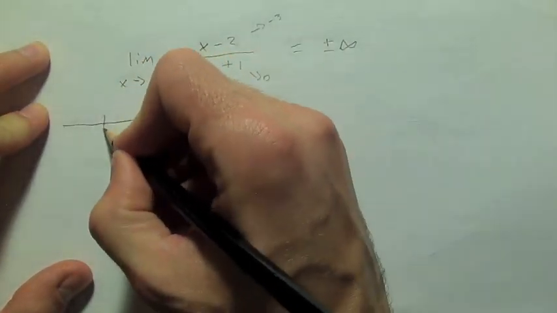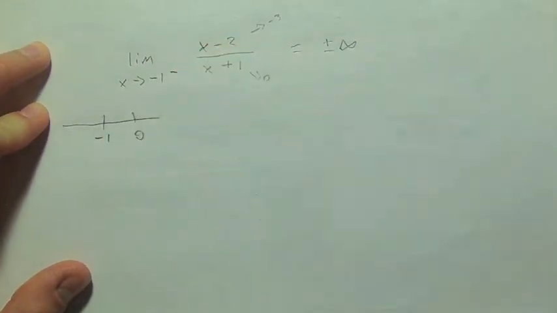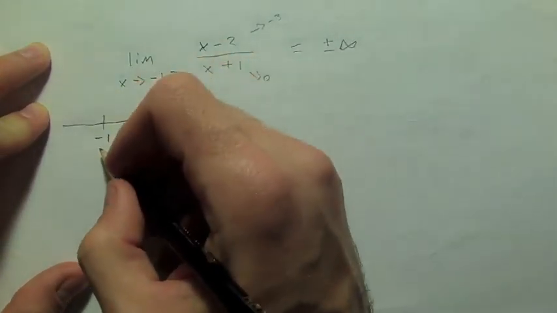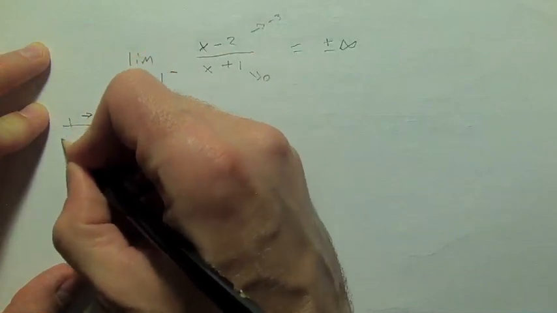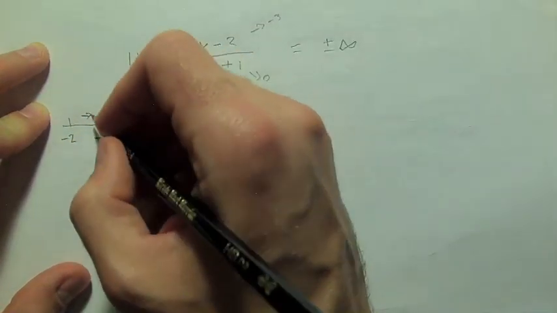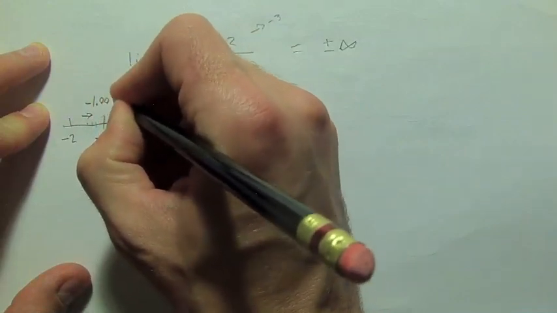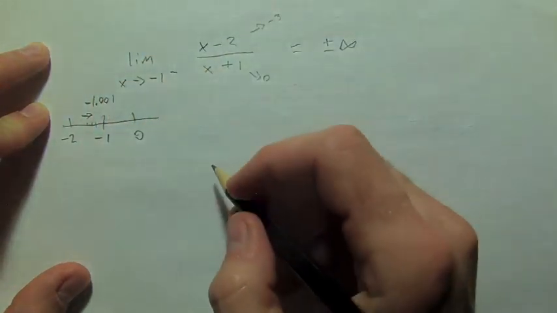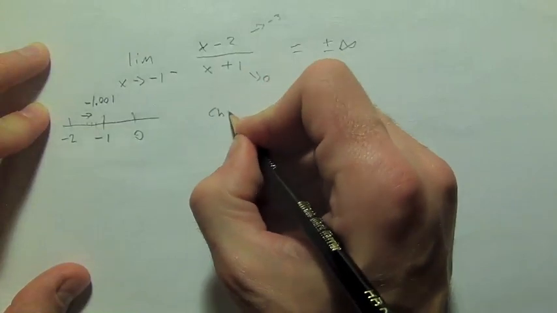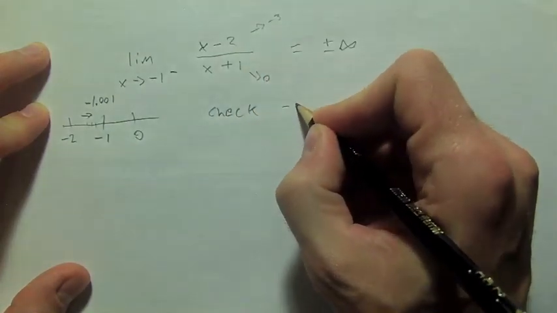Now, negative 1 from the left side, this is going to be things like negative 1.001. So we'll check something like that.